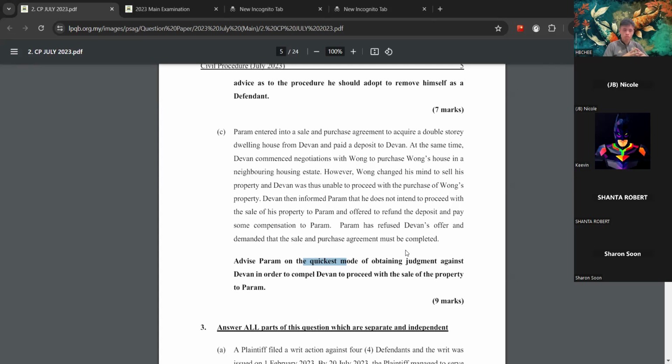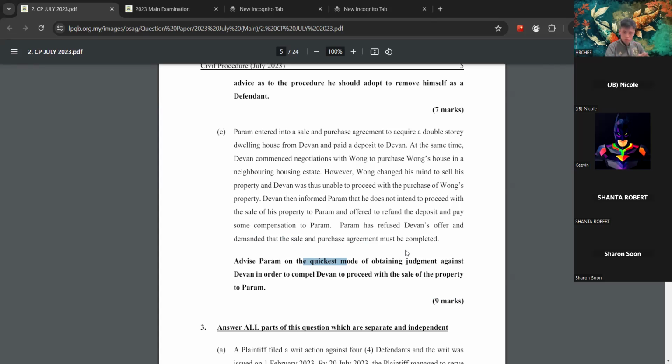This is Order 5, Rule 2, because you have to tell the examiner what you know, even though they never asked. So your Order 5, Rule 2 is the introduction. It has to be a writ action because there is a substantial dispute as to the facts.